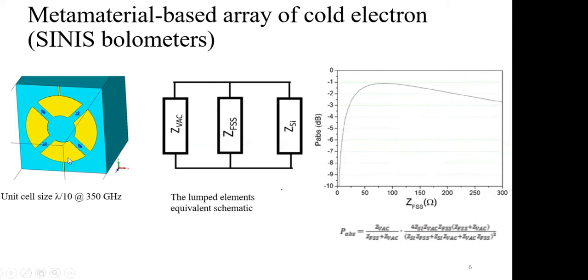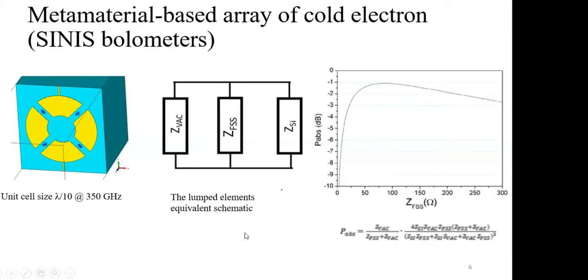As you see here, it was the first design which we started with, and here we work at the frequency of 250 gigahertz. This is a unit cell of a frequency selective surface, where these arrows show the SINIS junction, which we integrated into this antenna, and we designed our bolometer using this frequency selective surface, or FSS, as bolometers based on the integrated SINIS junction.